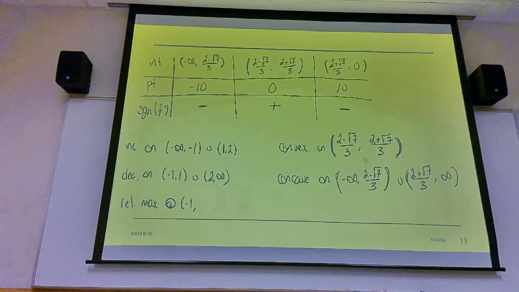What's f of negative 1? 21. f of 2 ends up being negative 6.